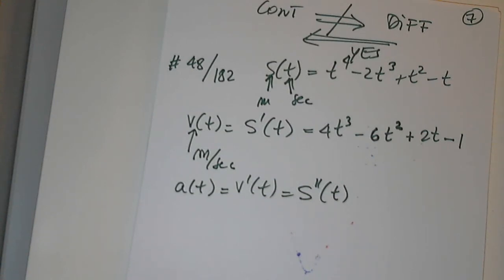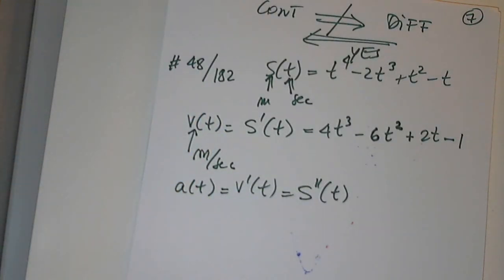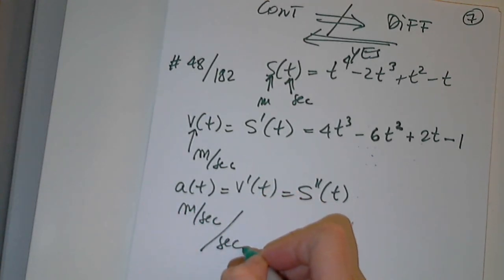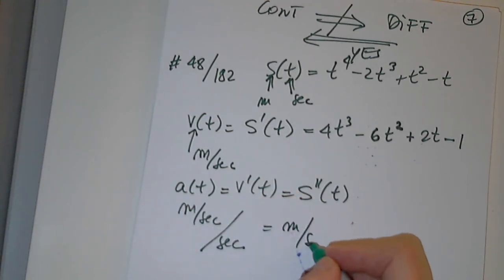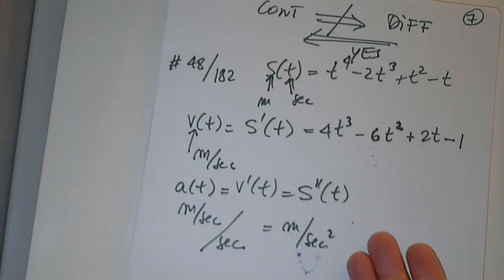So the acceleration now will be the rate of change of speed or velocity with respect to time. That's why it's meters per second, but that is meters per second squared. So velocity is measured in meters per second, acceleration in meters per second squared, and let's determine the second derivative, the rate of change of the first derivative, which is the velocity.